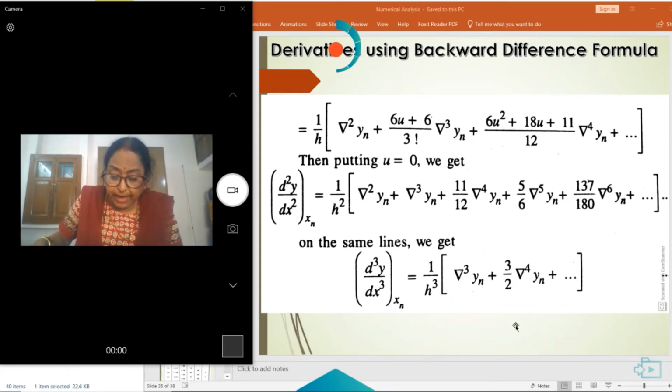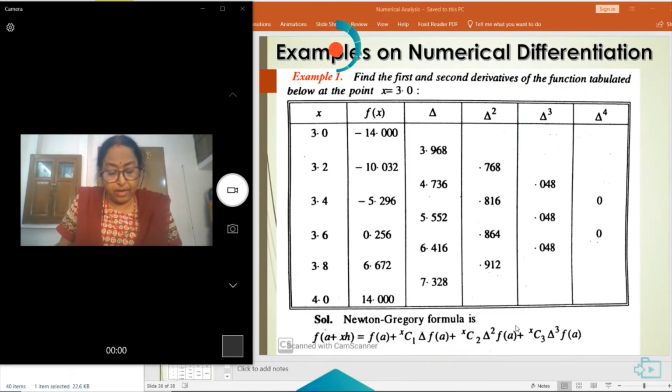Now, take two examples of finding the first derivative and second derivative using Newton's forward formula and Newton's backward formula, as shown on your screen.